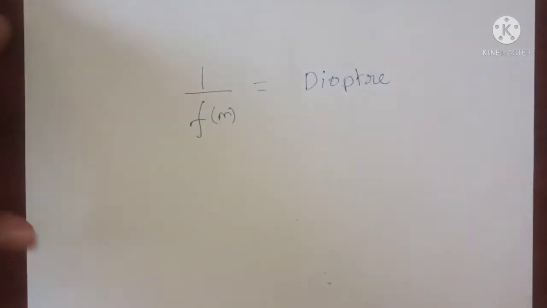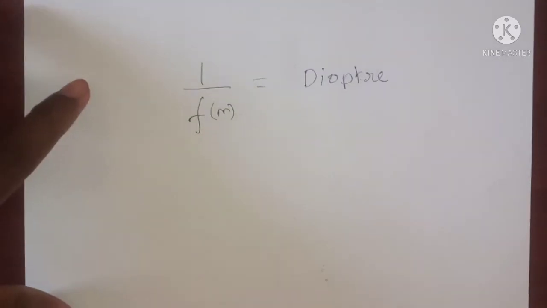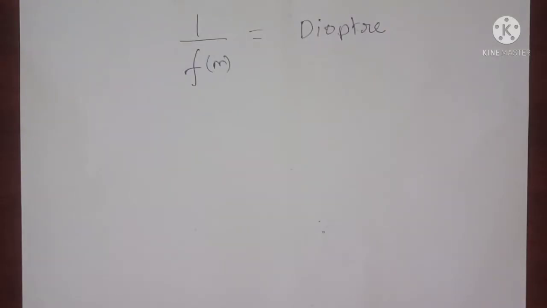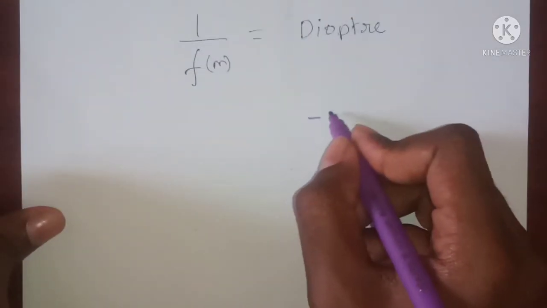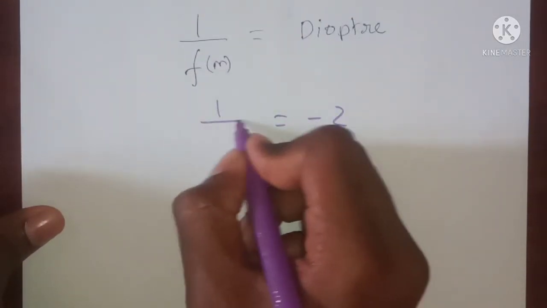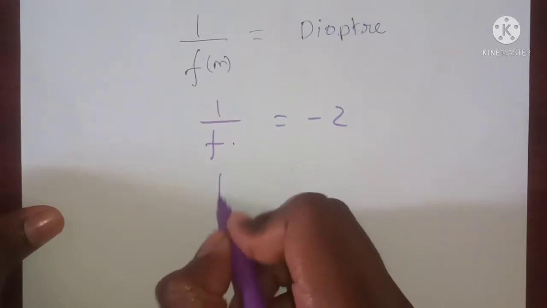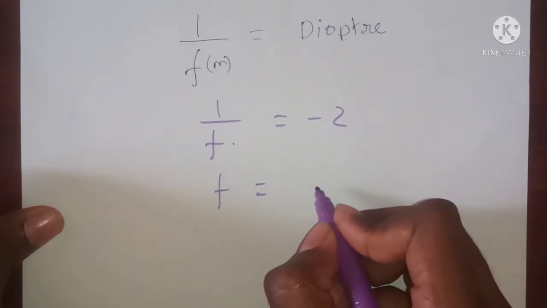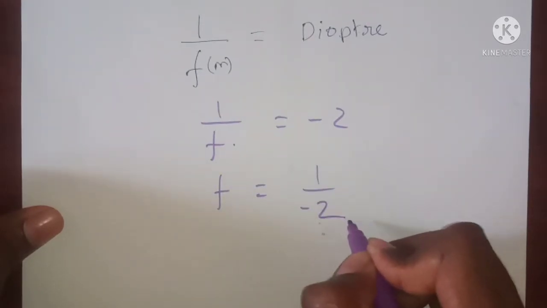Now they have given the diopter, that is, the diopter is equal to -2. So focal length is equal to 1 by -2.